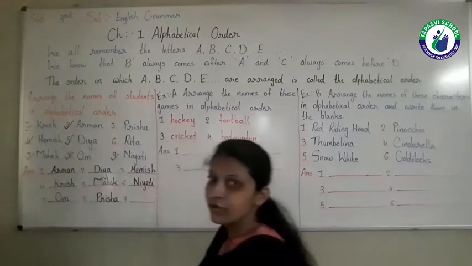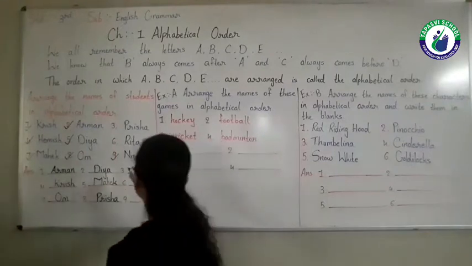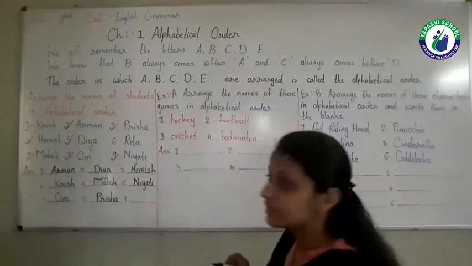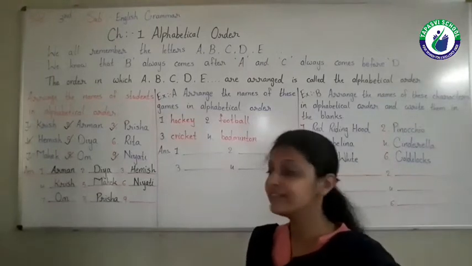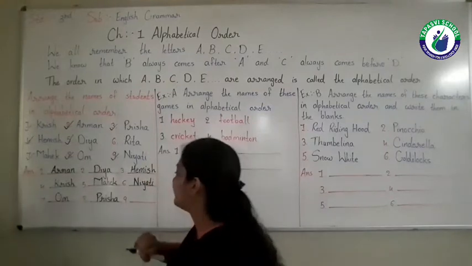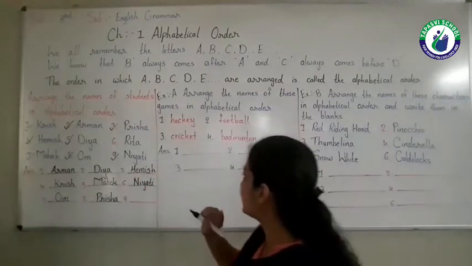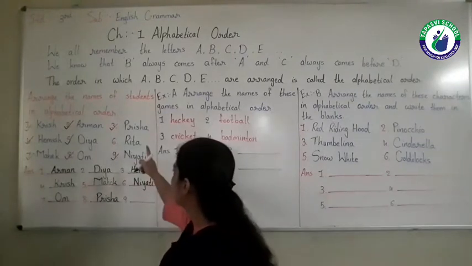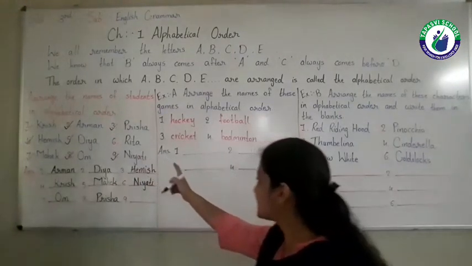Okay, so we have to tick right on the word Prisha. Yes, P के बाद कौन सा लेटर आता है? Q. Q से यहाँ पे नहीं दिया है. Now the remaining only one name of student which is remaining. Yes, Rita.